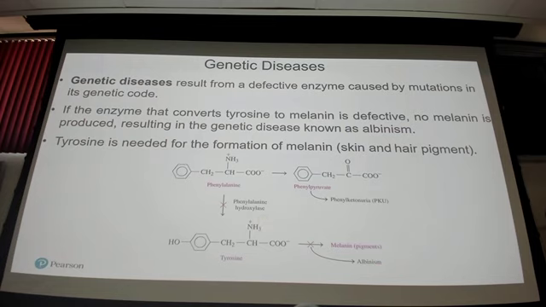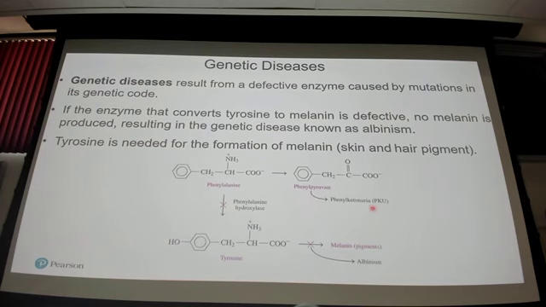Remember I talked about how phenylketonuria is commonly discussed in biochemistry. What happens in phenylketonuria? This is phenylalanine, the amino acid. It's converted to tyrosine by the enzyme phenylalanine hydroxylase. In phenylketonuria, this phenylalanine hydroxylase enzyme is not functional, so phenylalanine is converted to phenylpyruvate and phenylacetate.